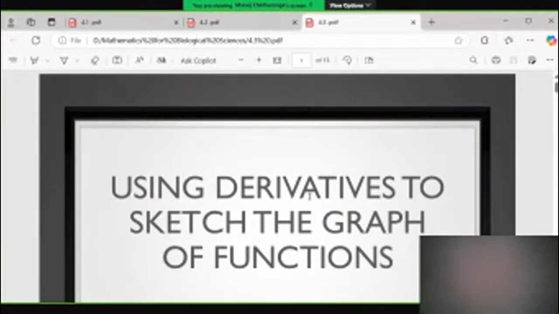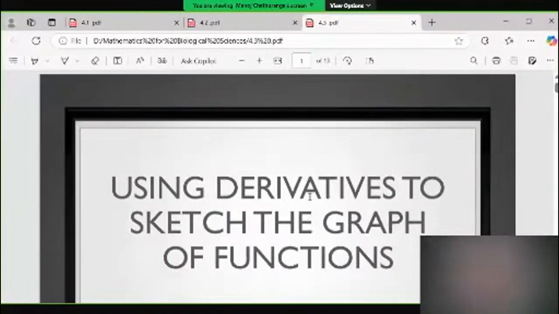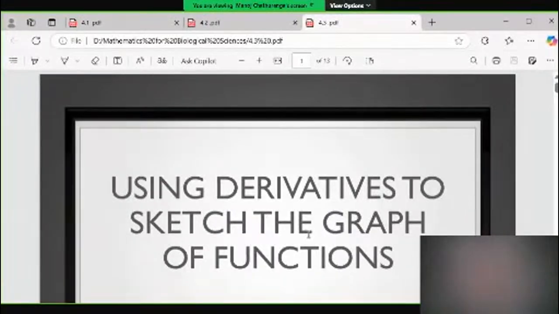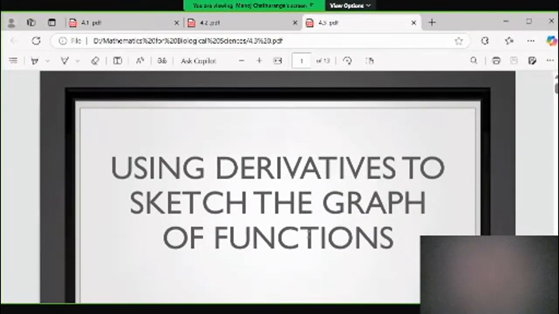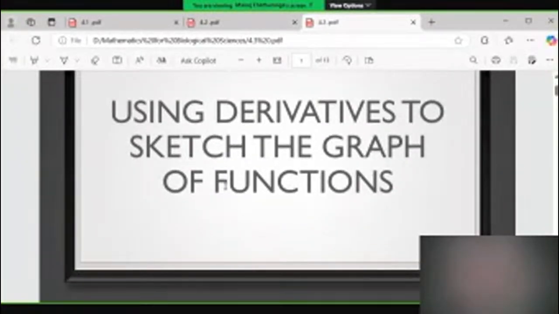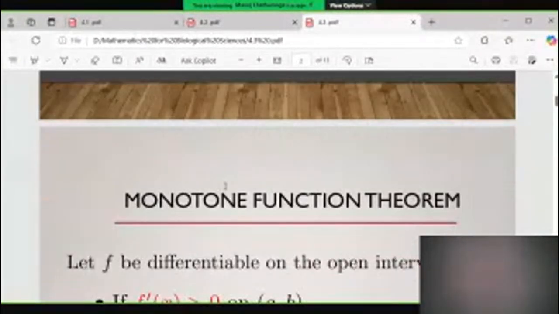You can just see it. When you see it with your eye, you don't need to worry about the complicated nature of the equation. So that is why graphs are really helpful. Graph sketching is one of the most important applications of derivatives.